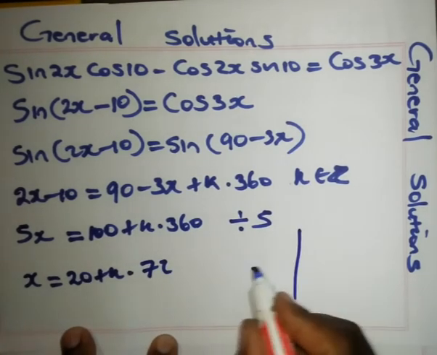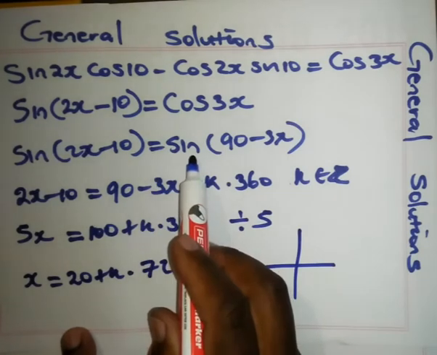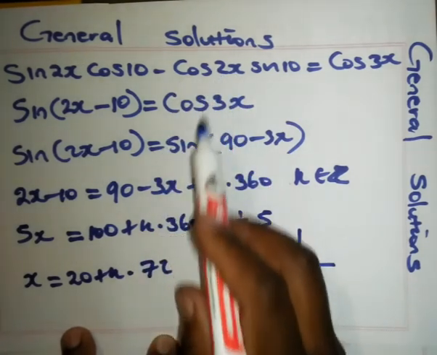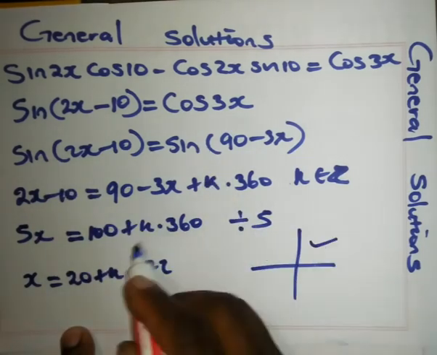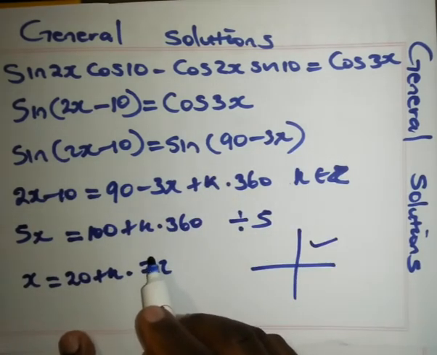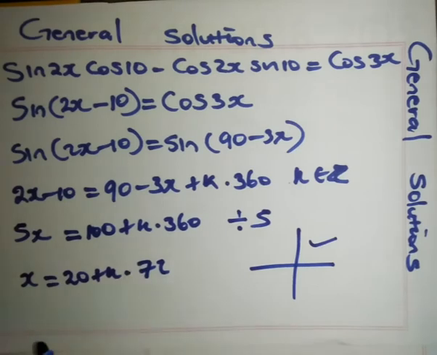We said we are looking for solutions of this equation where your sine is positive. So this part represents the first quadrant. Now let's see where we can find the other solution of this equation.